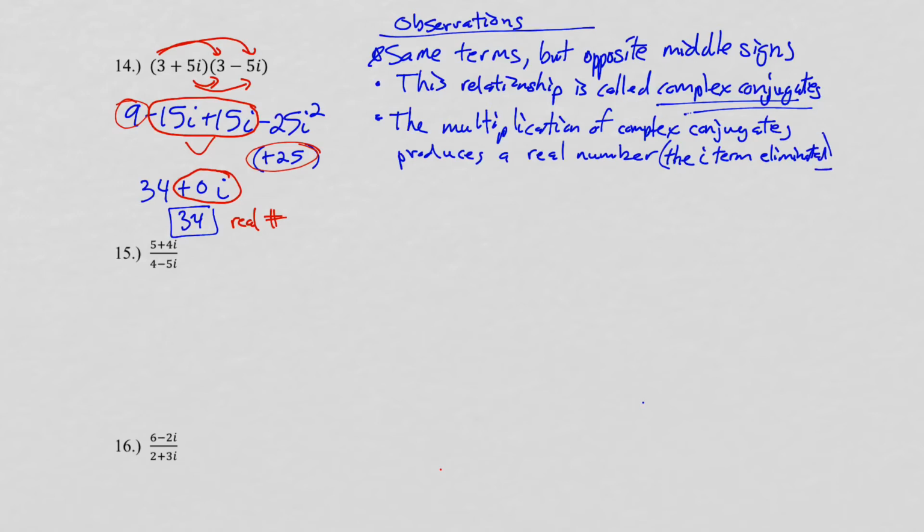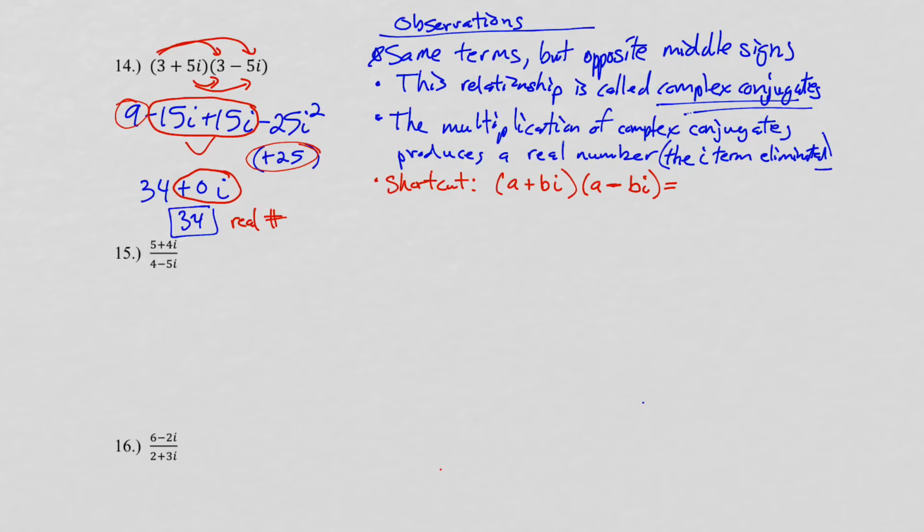Now, we have also seen something like this in Algebra 1 when we're multiplying binomials. There's a shortcut here. Whenever you have a plus bi, and then the exact same terms but opposite middle signs, that's always going to make the two middle terms of FOIL, the O and the I, cancel out.